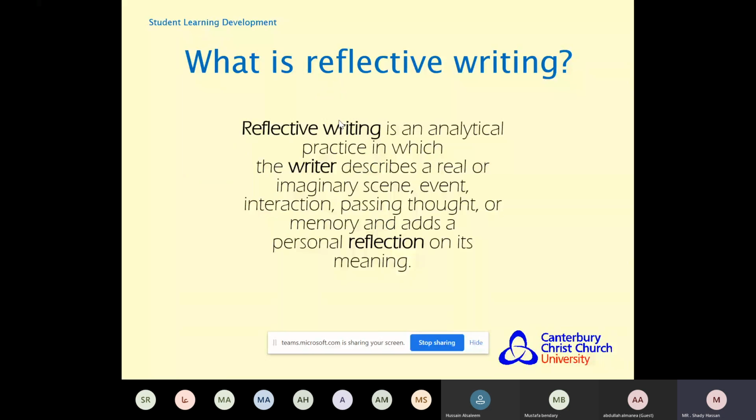Well, what is question number one? What is reflective writing? Actually, reflective writing is an analytical piece in which the writer describes a real or imaginary scene, event, interaction, passing thoughts, or memory, and adds a personal reflection on its meaning. So first of all, when I give you a passage, I want your opinion: do you agree or don't agree, and why?